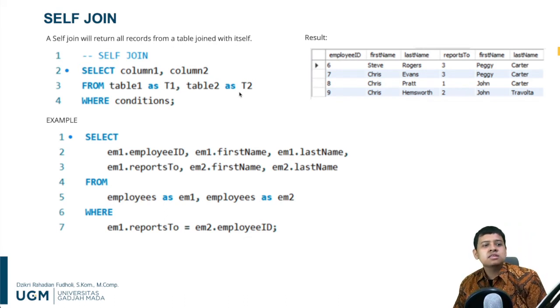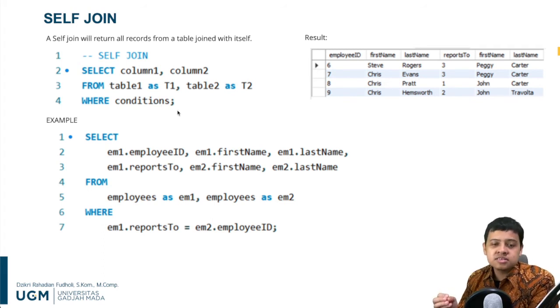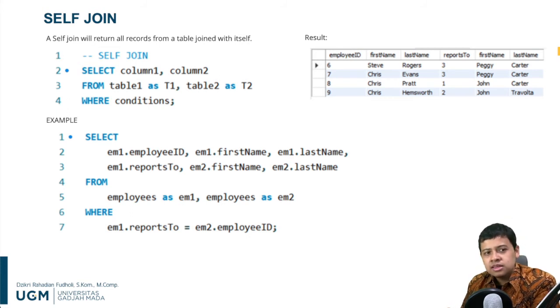As we can see here, we don't really need special join syntax, because the self join is just like an abstract idea of join. So we don't really need to use the syntax of a self join. There's no real need to do that.